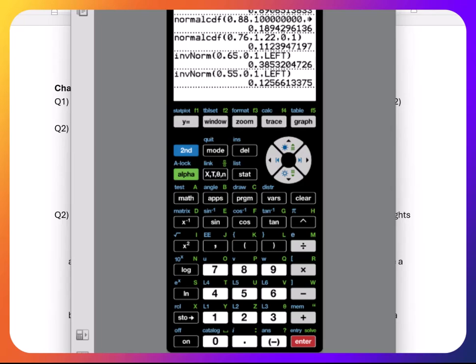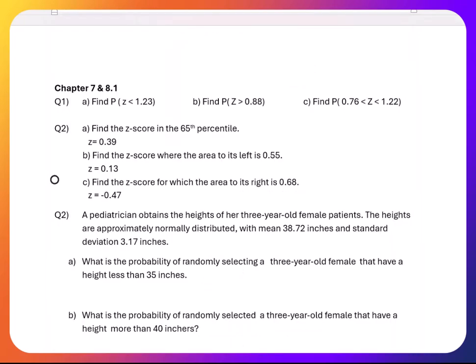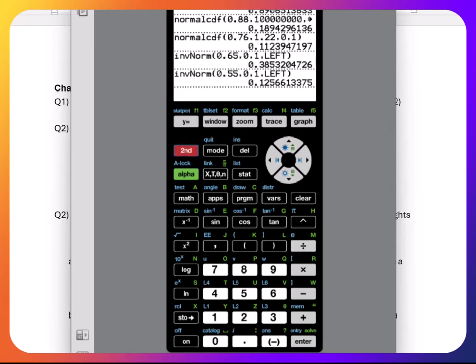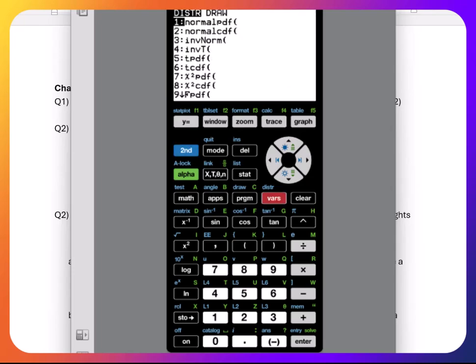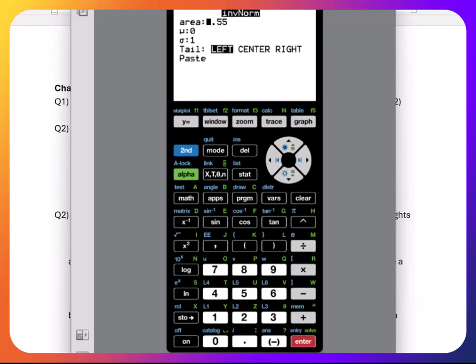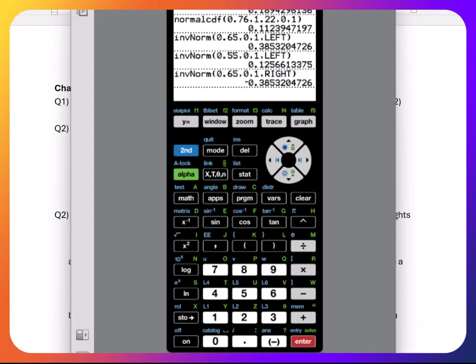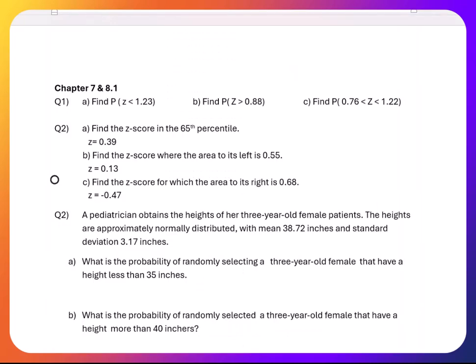And for the last one, we said the area to the right is 0.68. If you use your calculator and it looks like this one, it has the left, center, right, you can put 0.68, but here you choose right. And then you get the answer, which is negative, oh, I put 0.65 here.